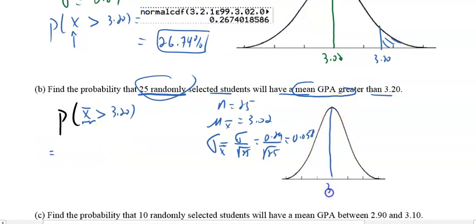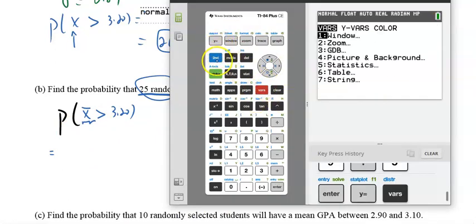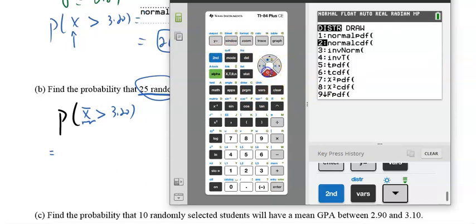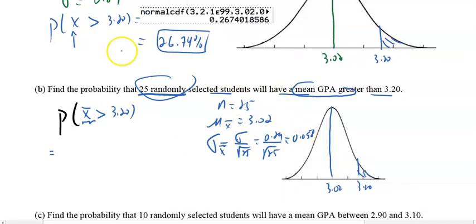This is still 3.02, and this is still 3.20, and I'm still looking to the right. My calculator already has that information. So I'm going to go for the normal. Everything's still there. The only difference, I'm going to change the standard deviation to 0.058, if I'm not mistaken. 0.058, that's right.